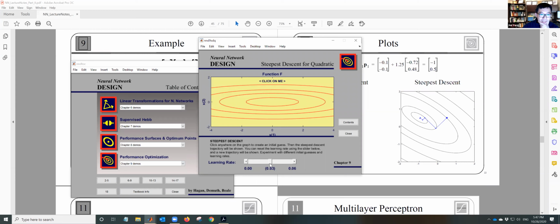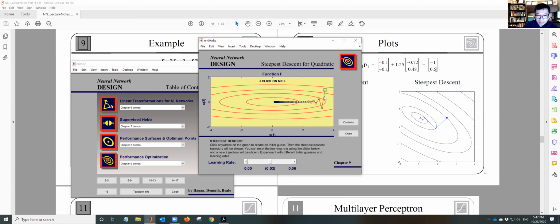You see, this is a learning rate. Click anywhere on the graph to create an initial guess. Then the steepest descent trajectory will be shown. You can reset the learning rate using the slider below, and a new trajectory will be shown. Experiment with different initial guesses and different learning rates. For example, I put it over here.